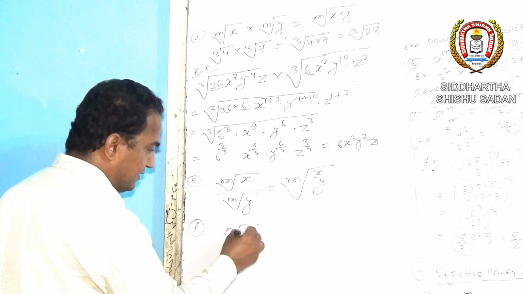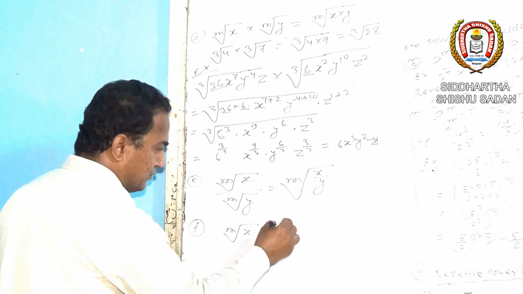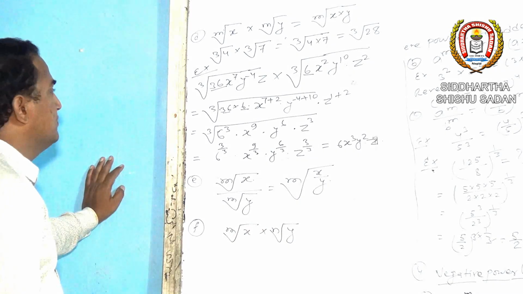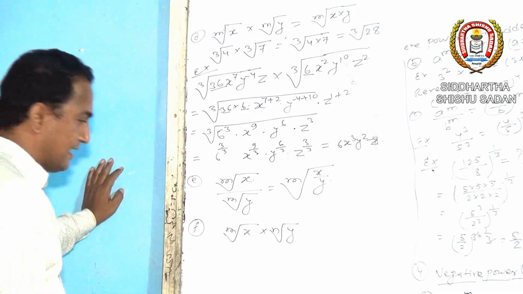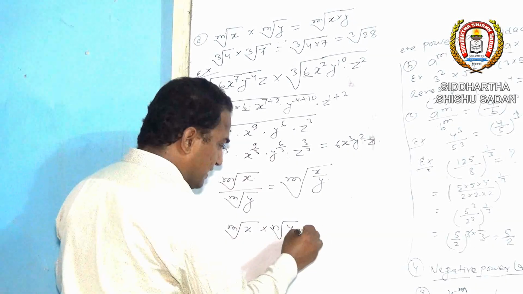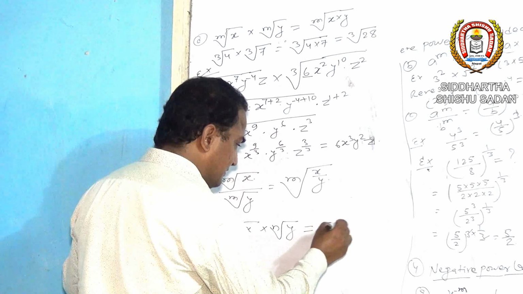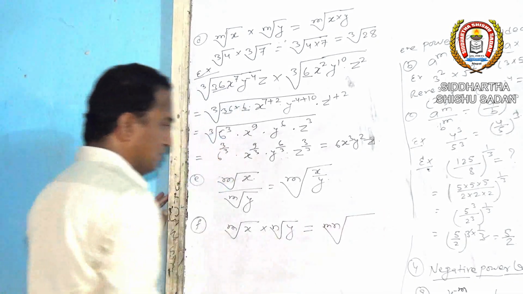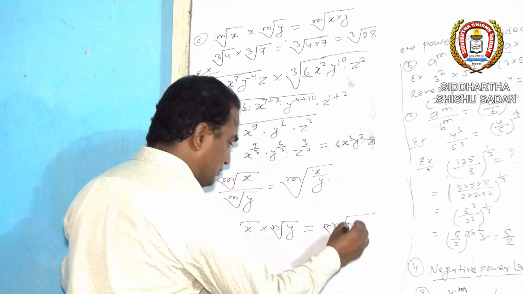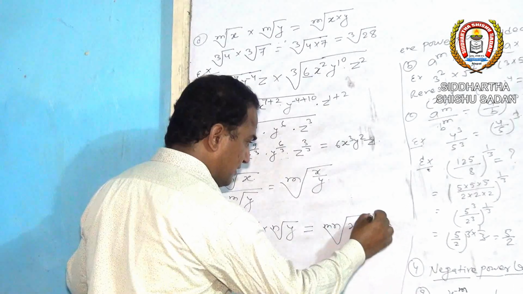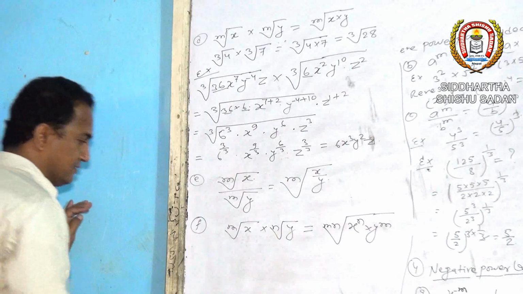m root x into n root y. In that condition, there is a rule, it's a rare rule, it is mn root x to the power n into y to the power m. Look here, proof.